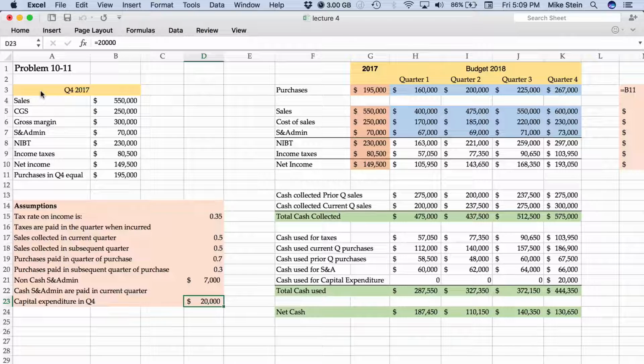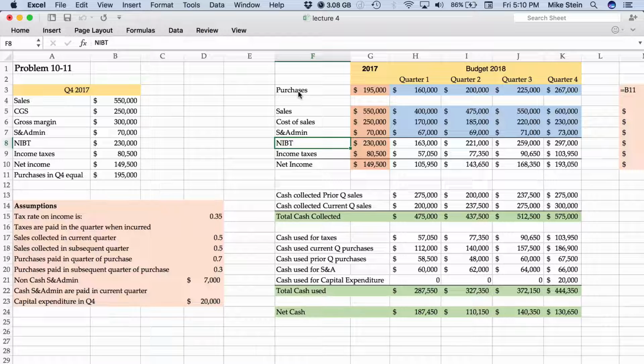Wherever there was a piece of numerical information, I put that into its own separate cell so that I could refer to it later. The next thing that I did is I took the budget that was given in the problem and I rearranged it a little bit. For example, I've separated the purchases from the income statement information.